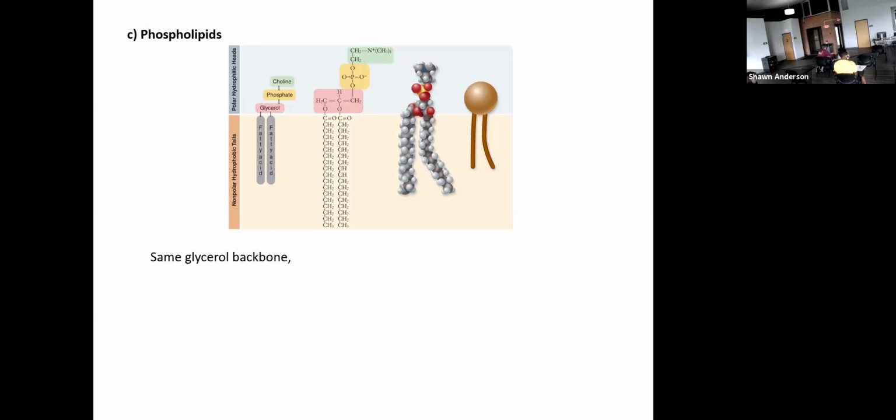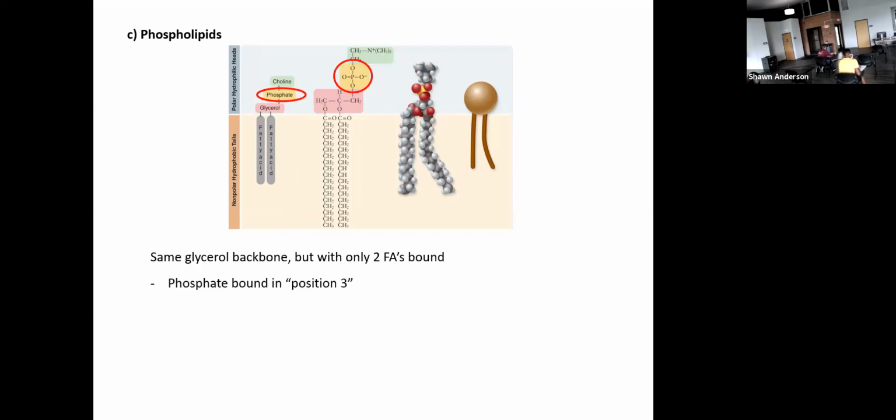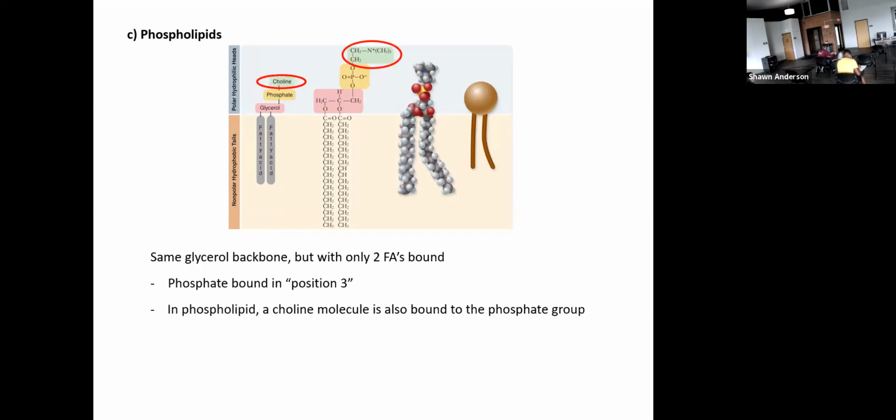Fatty acid, glycerol, phosphate, choline. Know it. I'm telling you now. Know it, circle it, star it, be able to draw it. 2 fatty acids, and there's a phosphate up here, and the choline's also here.